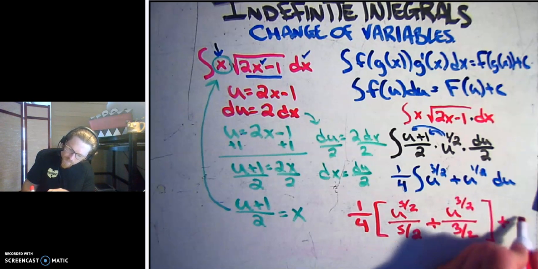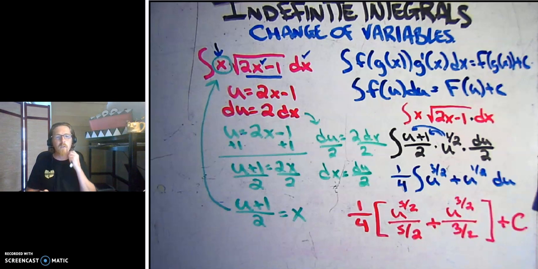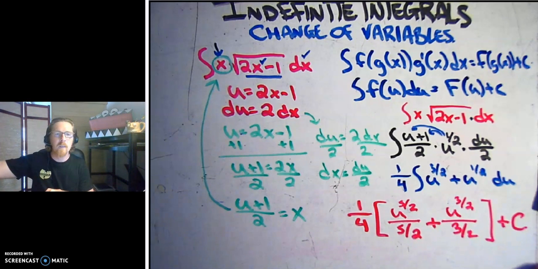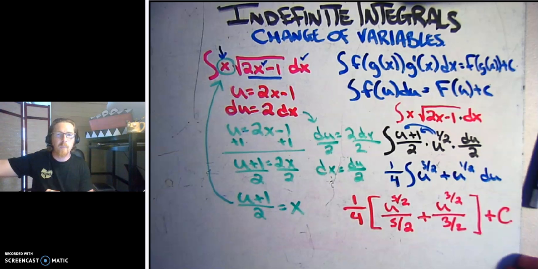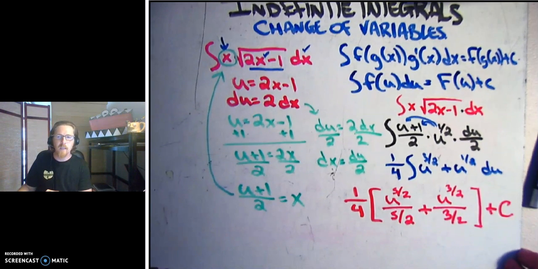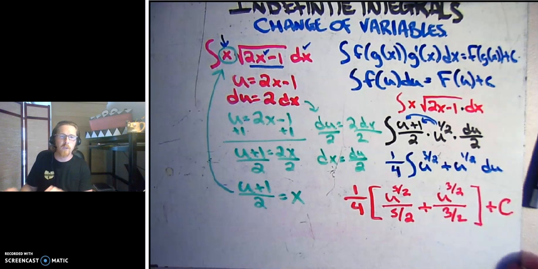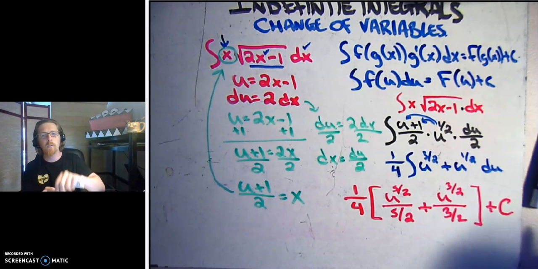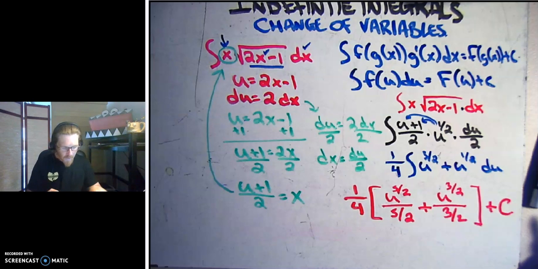And then because this is an indefinite integral, we're going to add c. Now the last piece of our puzzle is we're going to want to go back and confirm the u's. We're going to substitute what u really is, and then we might just want to simplify some of this.